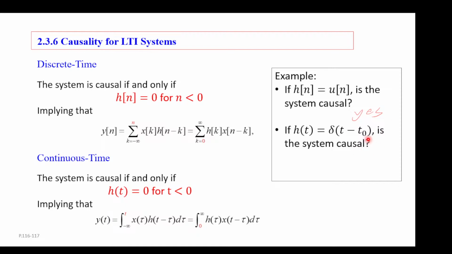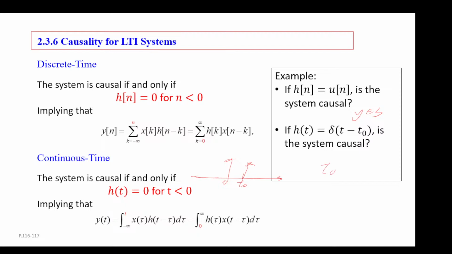So this thing is a spike at t equal to t0. And as we said, the system is causal if you have nothing at t less than 0. So it really depends on where this t0 is.